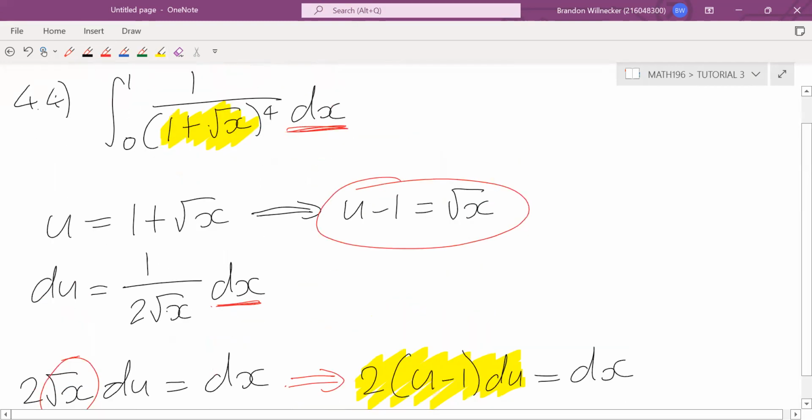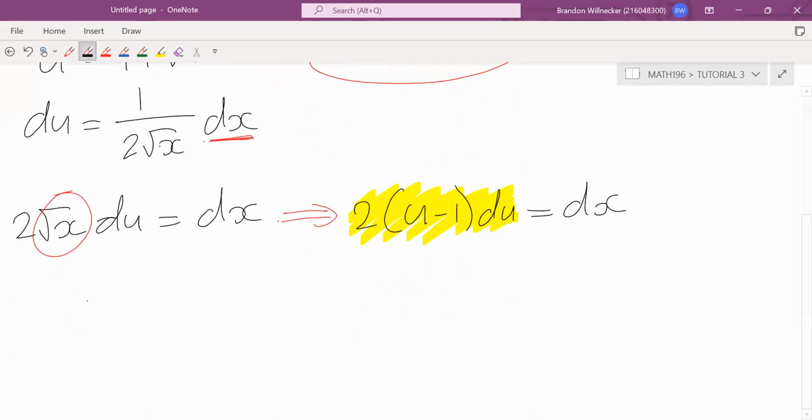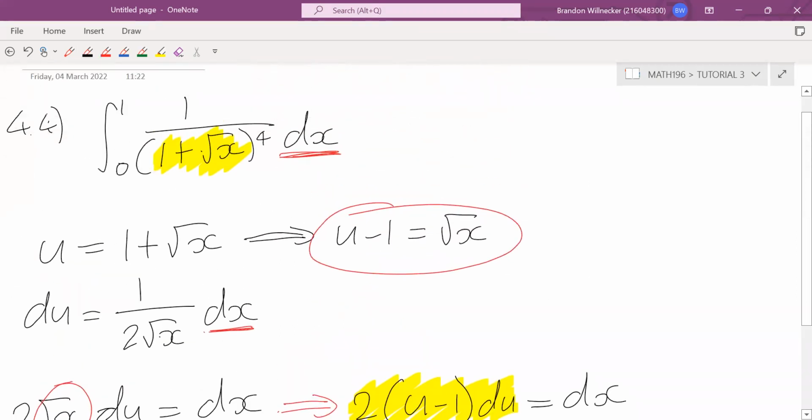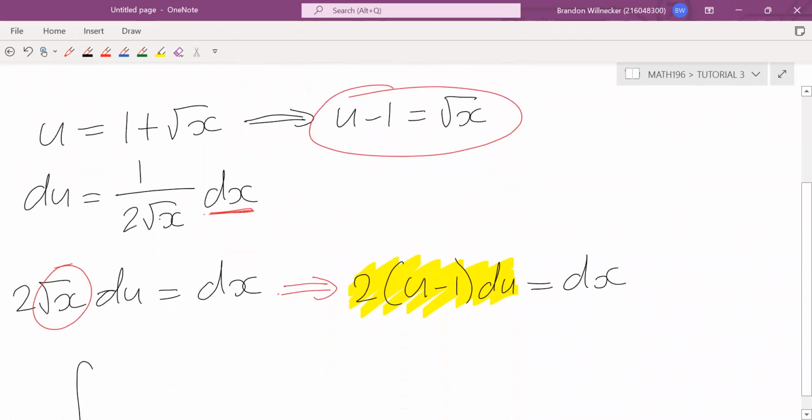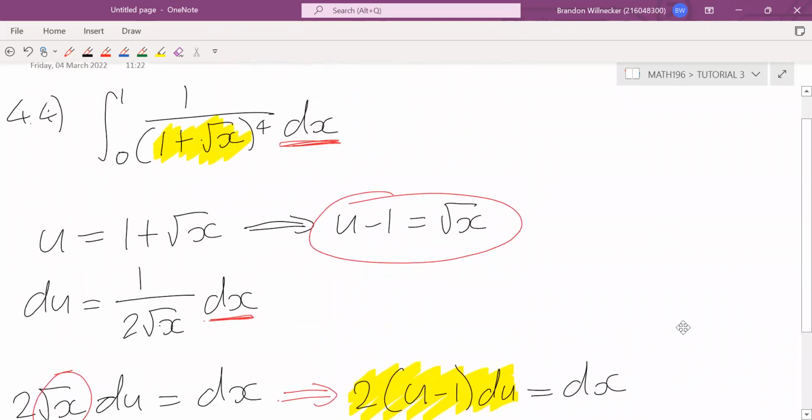So let's do the replacement. So we have the integral, we need to change the bounds. Sorry. So the old lower bound was x is equal to 0. So that means u is equal to 1 plus root 0, so that's 1. The old upper bound was x equals 1.